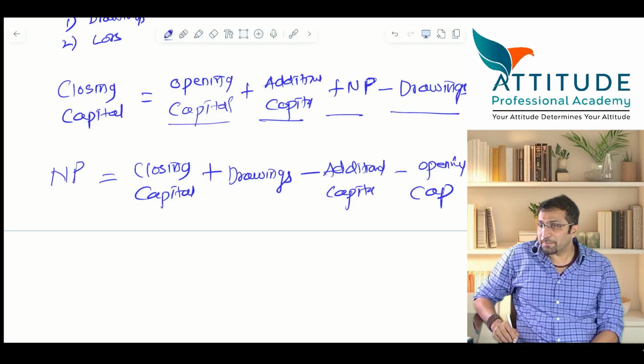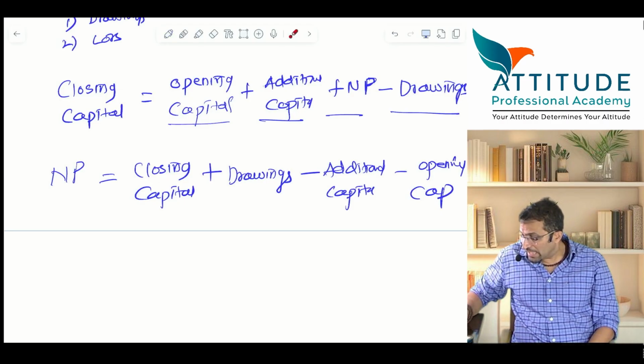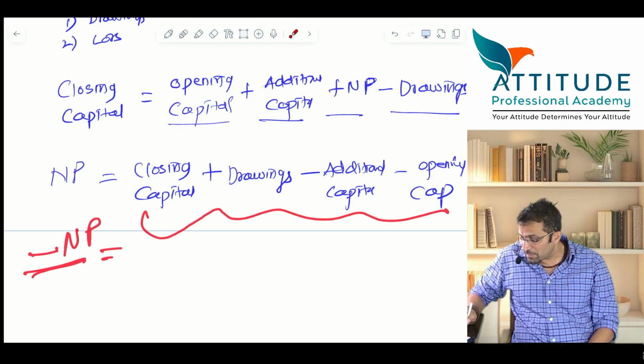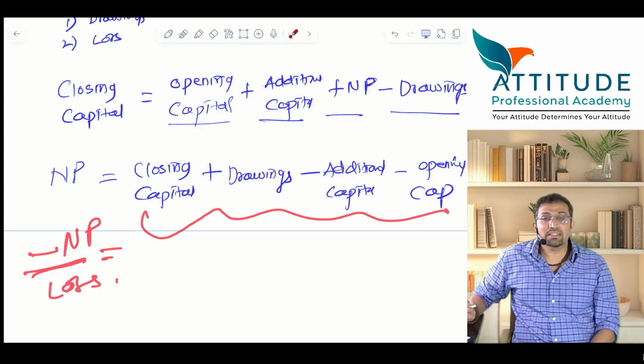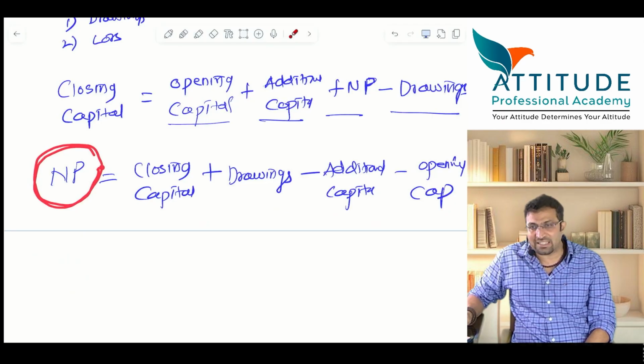Now one second, wait. After doing this, if the answer is negative, then net profit is nothing but a loss. That is net loss. So profit or loss will be the same only; the only thing is, if the answer is negative, it is net loss, and if the answer is positive, it is net profit.